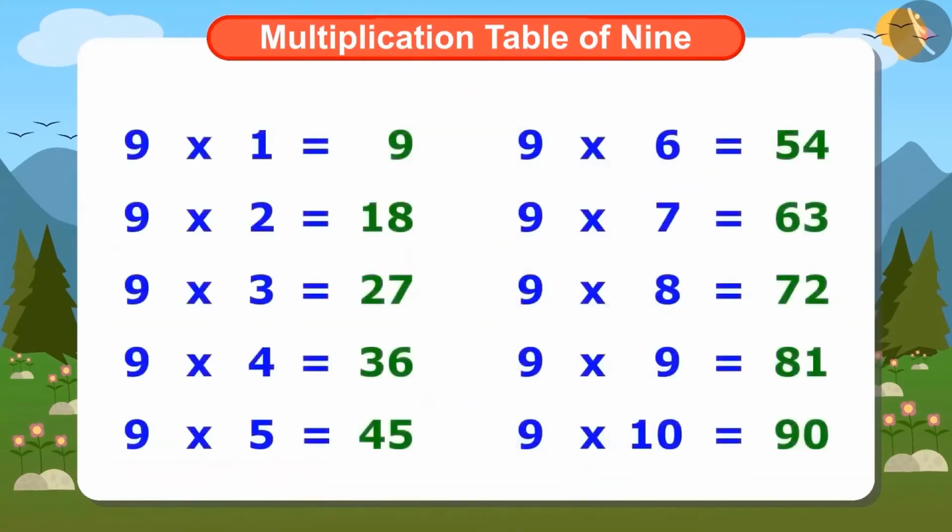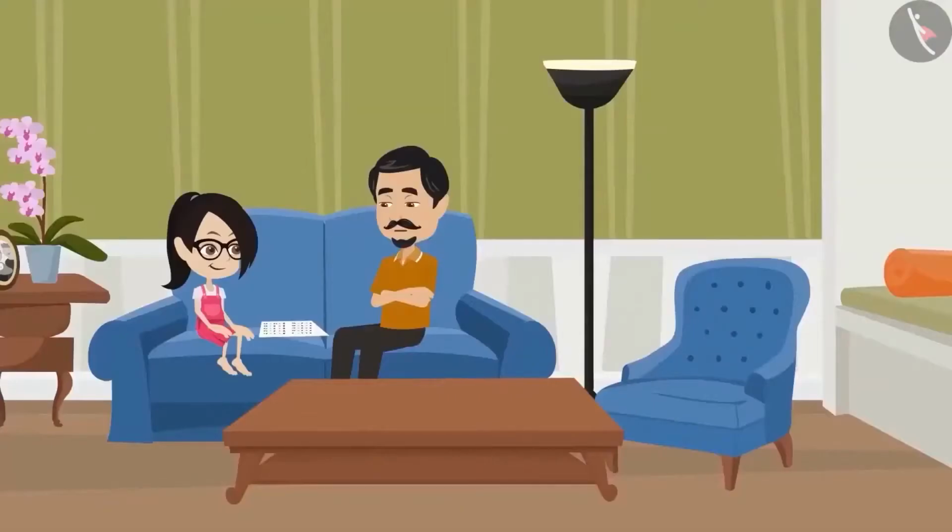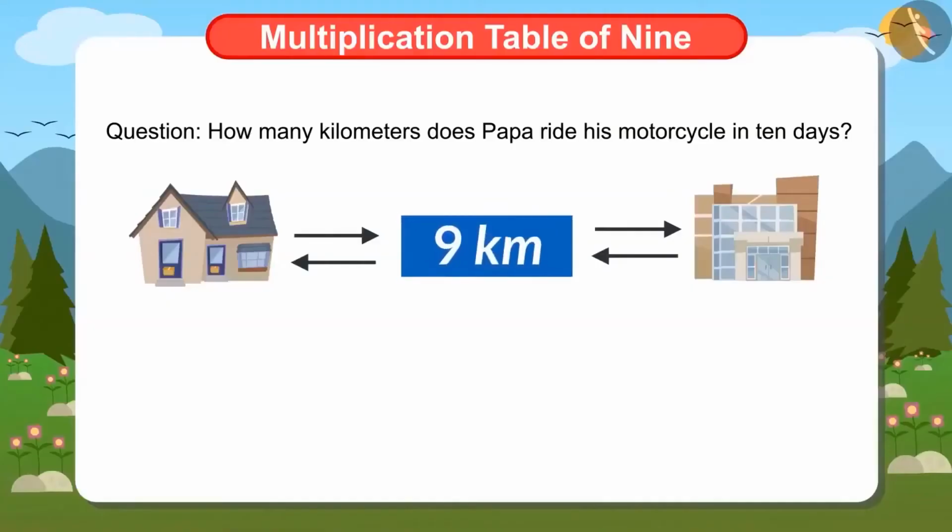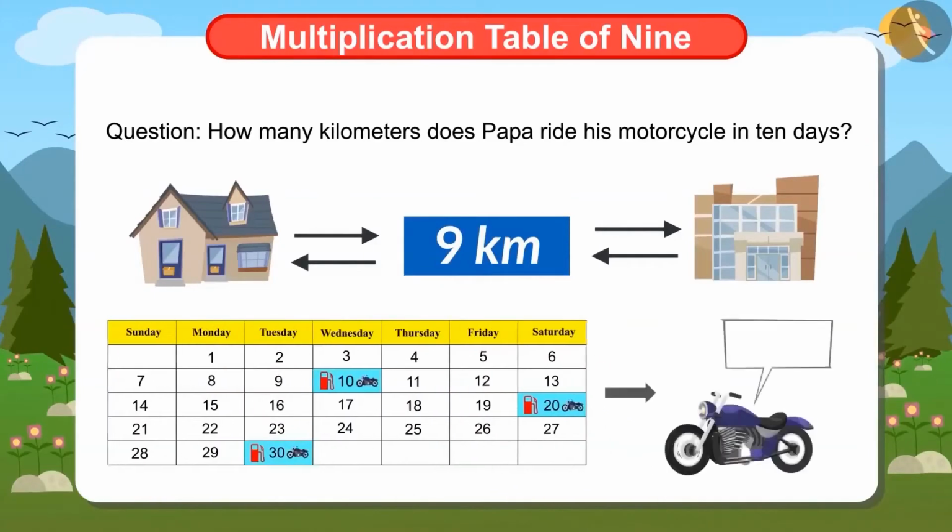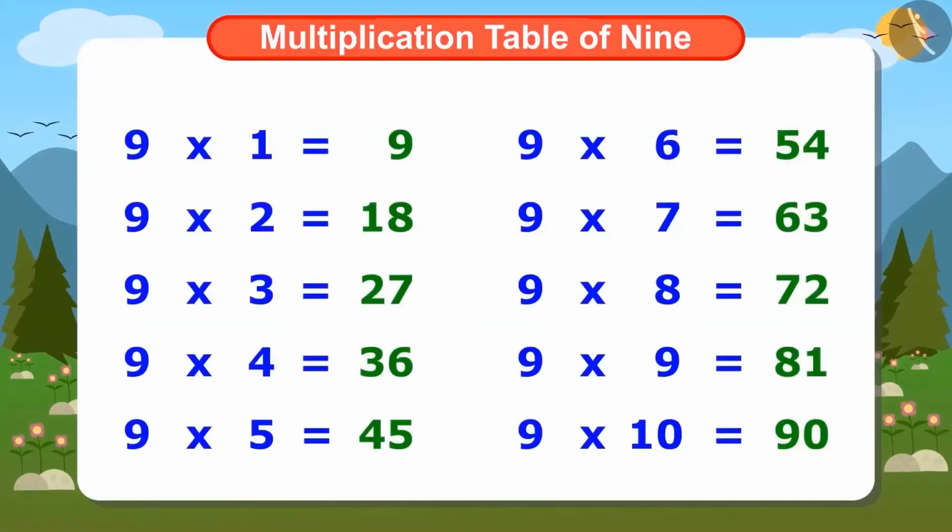Vandana has written the entire table of 9. Now she can tell Papa how many kilometers her father drives the motorcycle in 10 days if he rides it for 9 kilometers per day. Can you answer this question by looking at the table of 9? You are absolutely right.